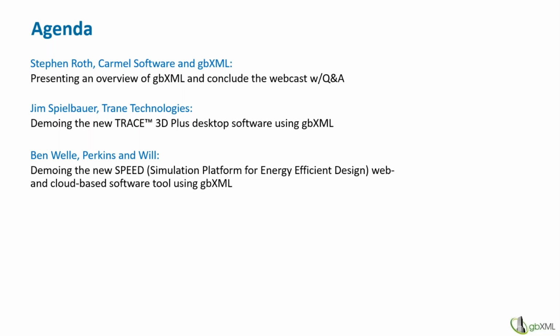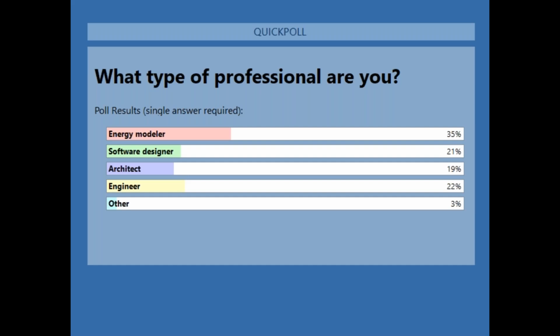Okay, I'll close the poll, and it looks like, let me share that poll if I can. Okay, so about 35% of you are energy modelers, 21% are software designers, 19% are architects, 22% are engineers, and other 3%. So looks like we have a nice variety of people out there, which is great.